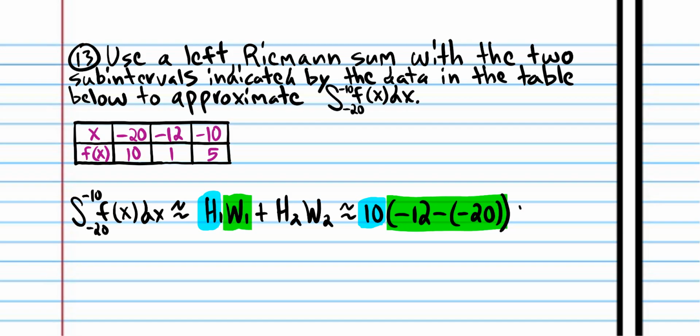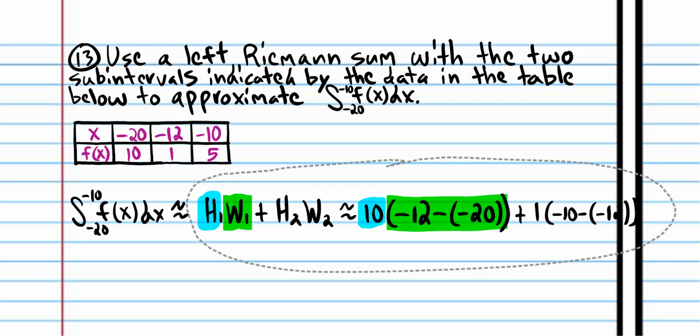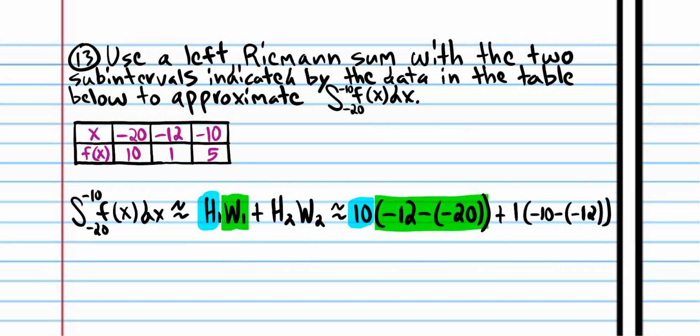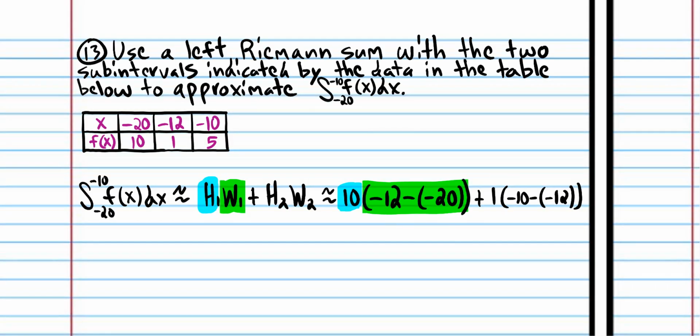Okay, so we have the area of the first rectangle, and then the height of the second rectangle is going to be 1, and the width of the second rectangle is going to be -10 minus -12. Again, we take the number farther to the right and subtract the number to the left when we calculate the width of each rectangle.